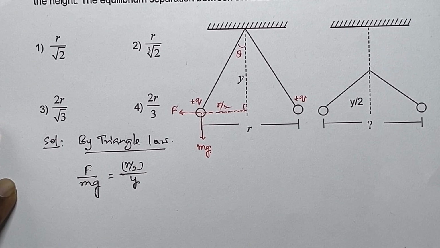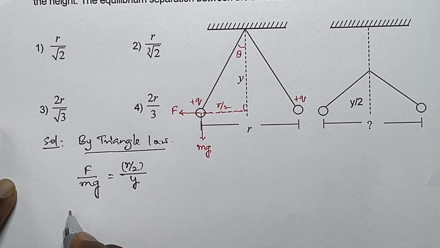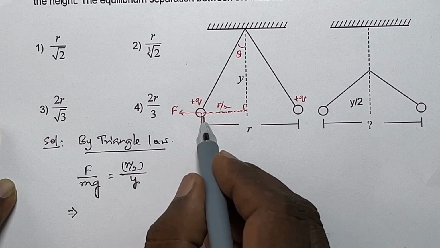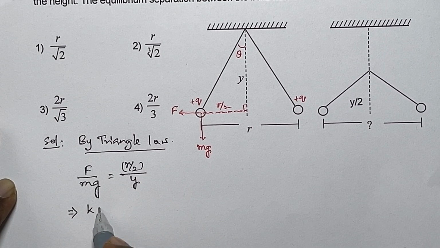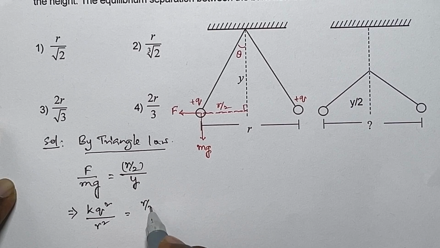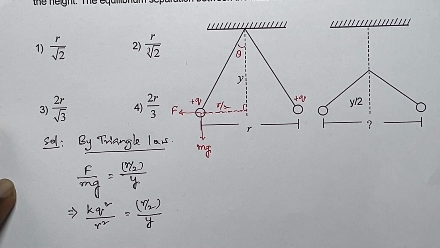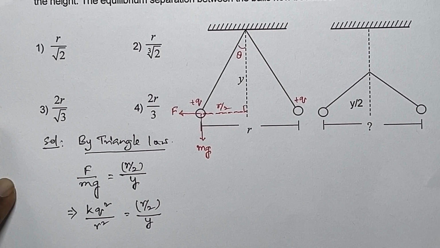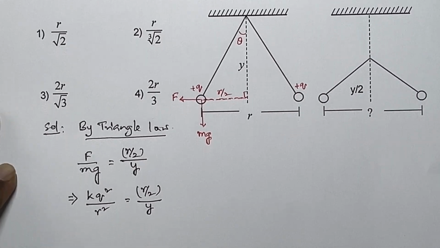So now let us write the expression for the force. Both charges are equal, so kq square by distance r square is equal to r by 2 by y. Let us simplify further.